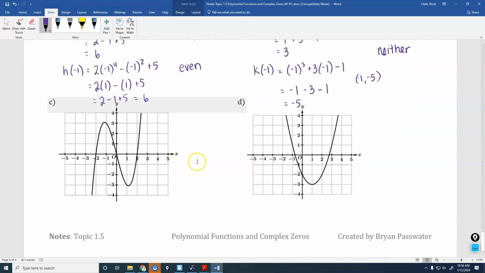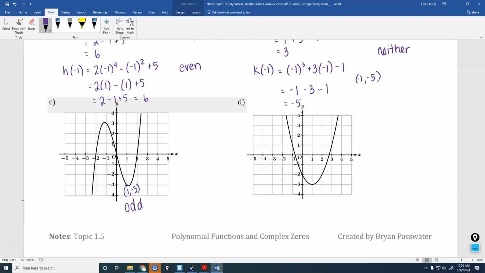Okay, C and D we're just going to do from the looks of the graph. What would you guys say for C? It is odd. If you rotate that 180 degrees, then it is going to be the same. Another thing you can do is just look for points. For example, here I've got 1, -3 as my point.